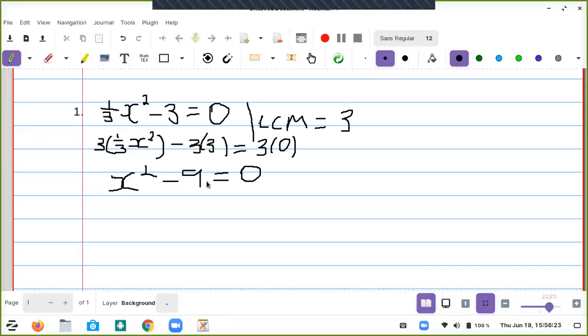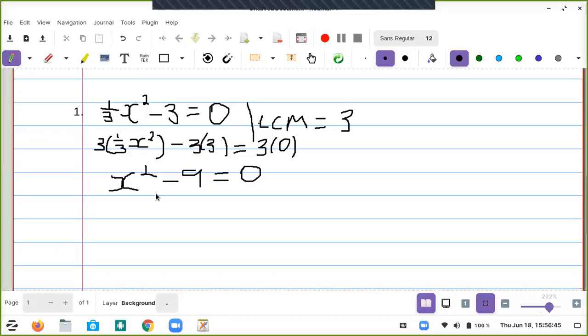When we check the two terms here, there's a negative in between. So since it is a binomial with a negative, it means a difference of two terms.